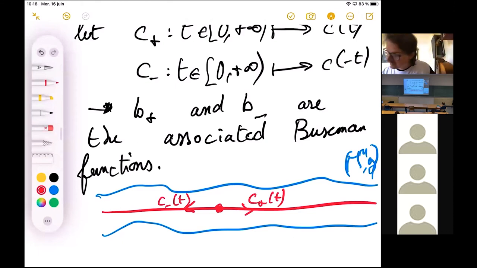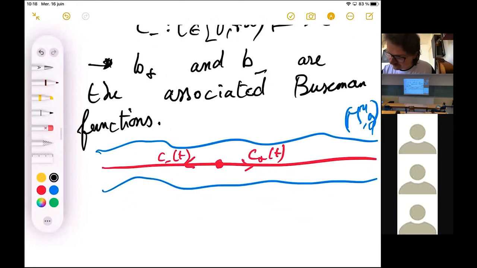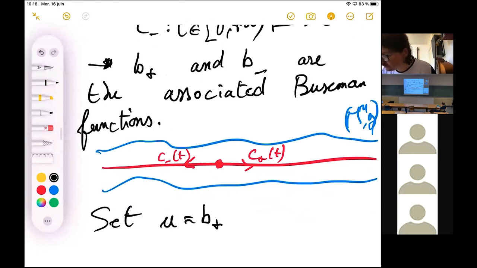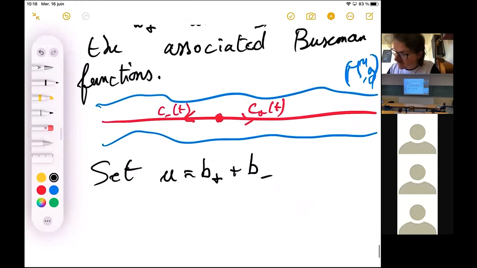Okay, now I define a new function from these two Busemann functions, b plus plus b minus. And I will note the following, which again doesn't use anything about the Ricci curvature, just a consequence of the triangle inequality.